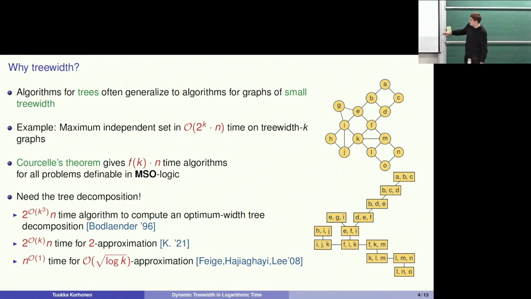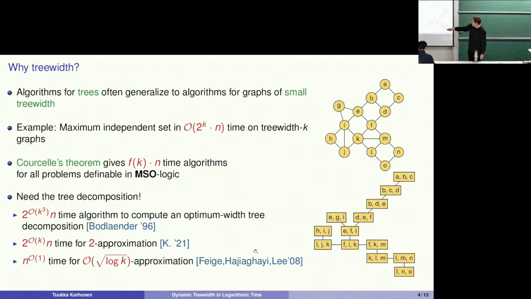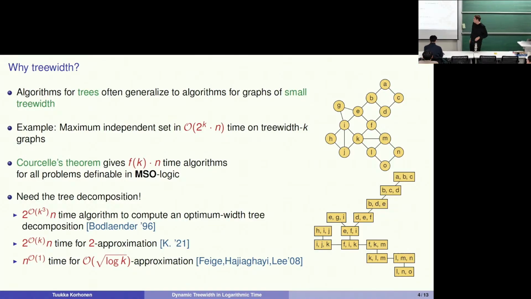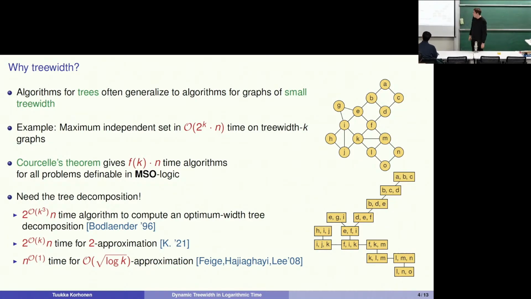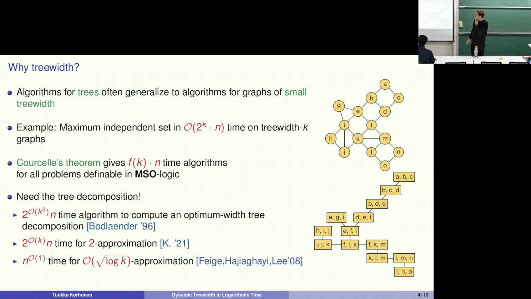So a lot of algorithms for it. Here I mentioned just 3 out of very many. If you want to do it in linear time when the width k is a constant, there is an algorithm by Bodlaender from the 90s to compute an optimum width tree decomposition. But the dependency on the width k is a bit large, so it's 2 to the k cubed.